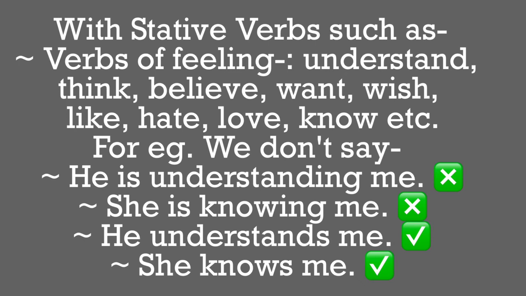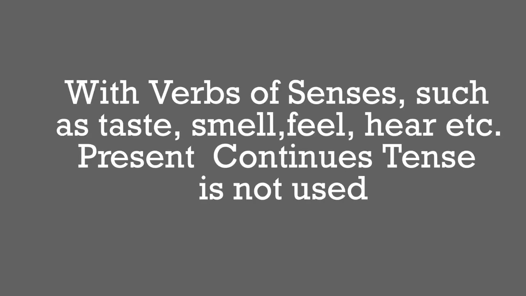Instead, we use the simple present tense. For example, he understands me. She knows me. Instead of knowing, we use know or knows depending on the subject. Similarly, in place of understanding, we use understand or understands according to the subject.